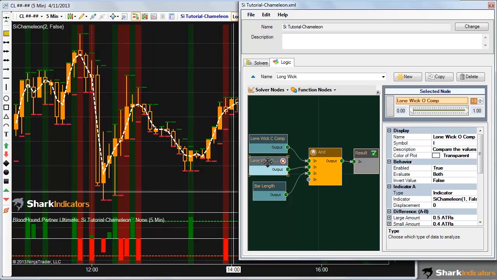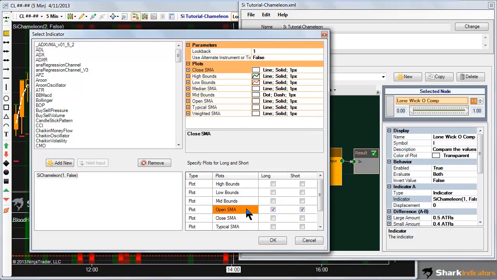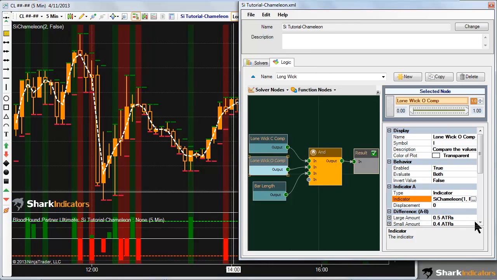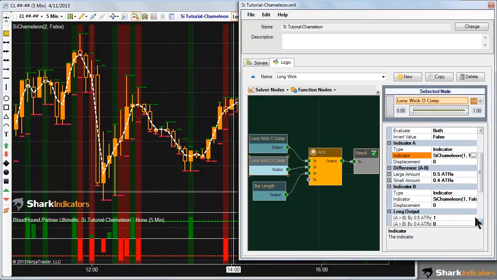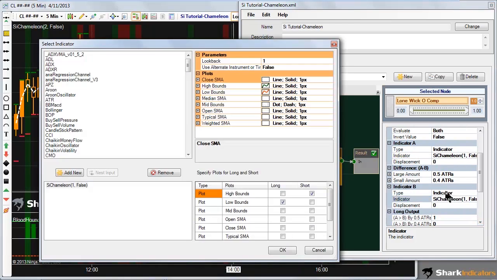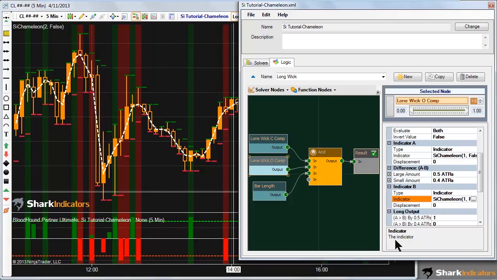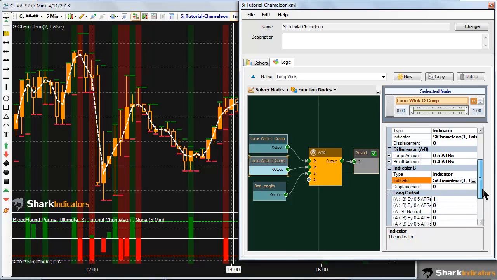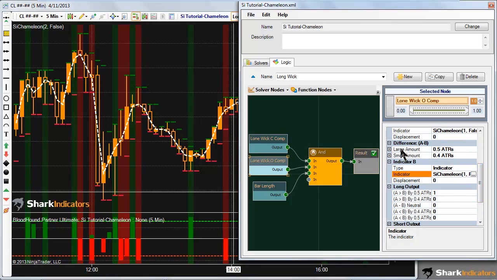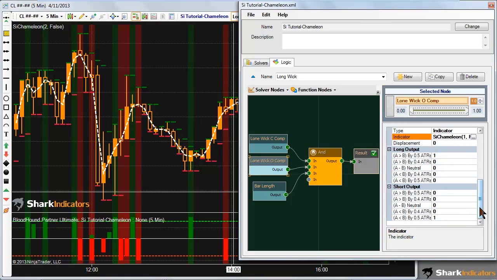So if we go back to this one, I'm using Chameleon to get the opening price. And then once again, I'm using Chameleon to compare the high and low prices. And I have the large amount and small amount set to the ATR, and the output's the same.